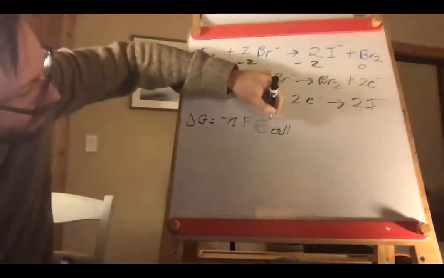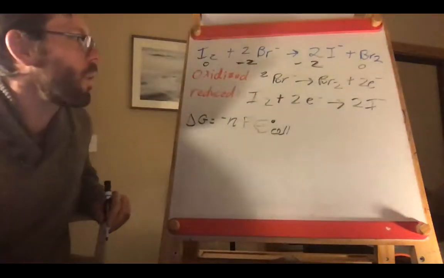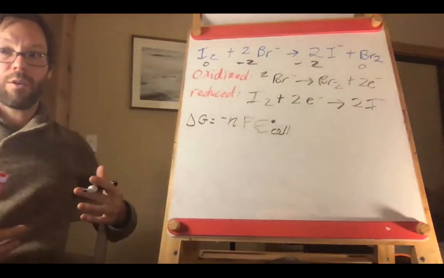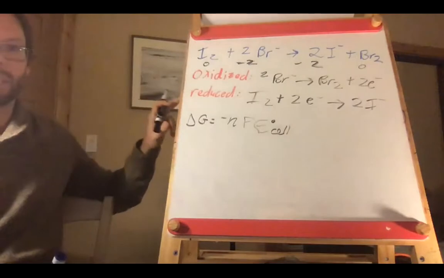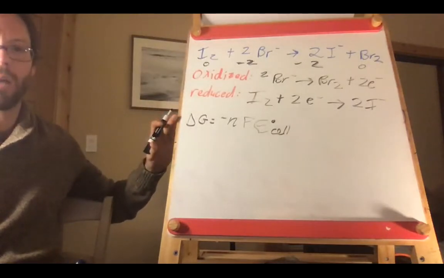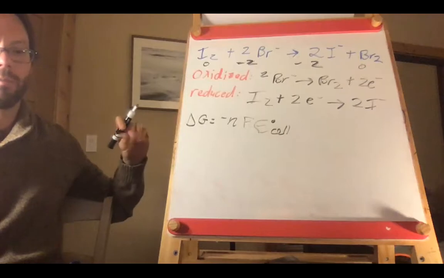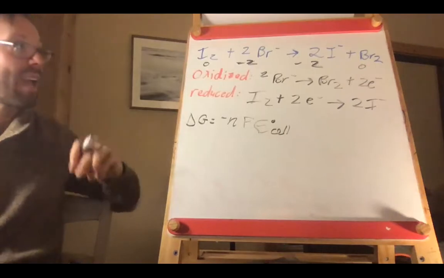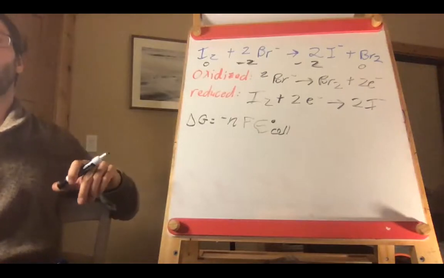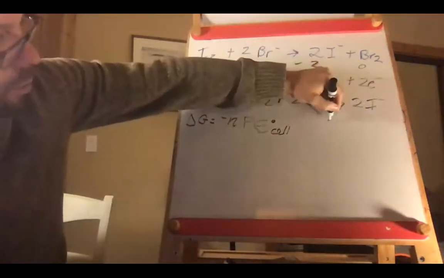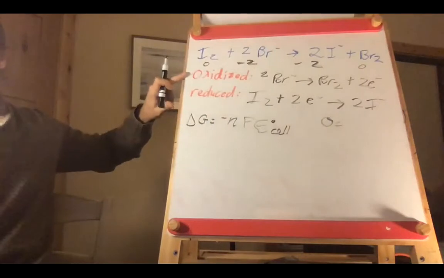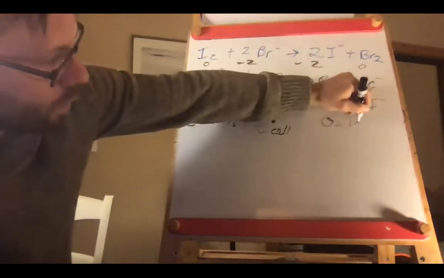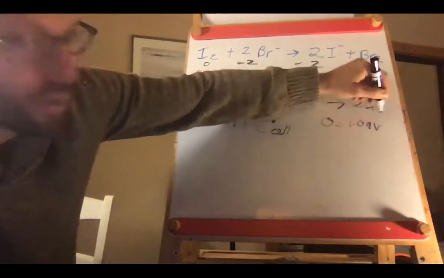We also need to look up the values to determine what this E cell is. I've already looked these up, but they should be in that table either in OpenStax or what I gave you in the slide deck. For our oxidized reaction, the cell potential is going to be 1.09 volts.